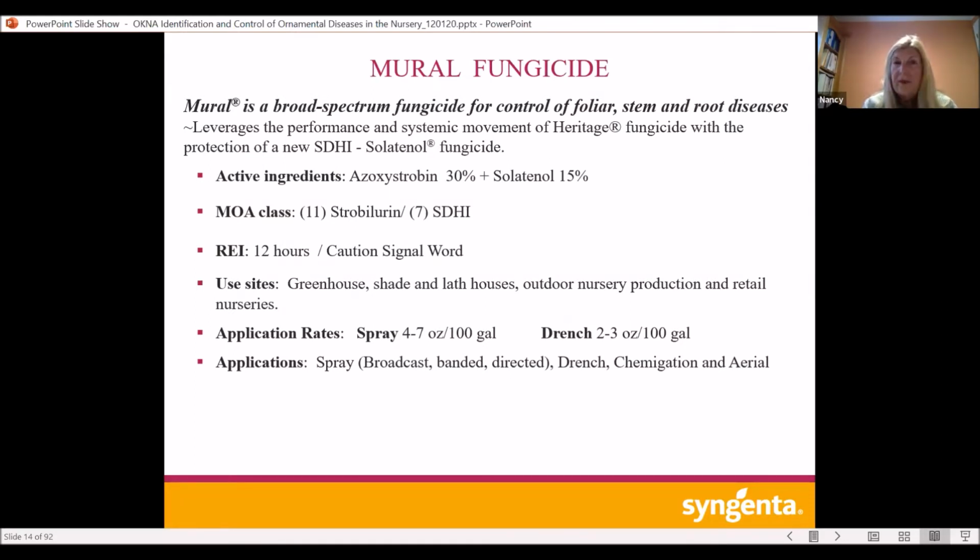And what we get with that is longer disease protection and an even broader array of diseases. So this is registered for use in nursery and greenhouse, on ornamentals as well as some vegetables. You see the spray rates versus drench rates are listed there.